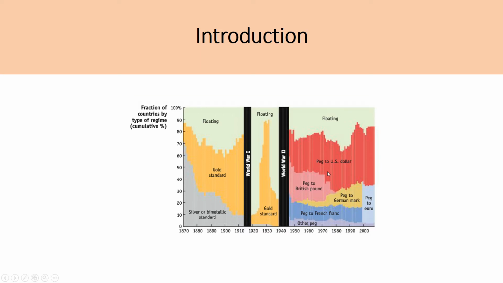But as you can see, eventually post-World War II, with the strength and emergence of the U.S. economy, a lot of people pegged to the U.S. dollar, especially emerging markets, and then developed economies adopted the floating system, while others also pegged to the euro, and that's really over here, and that's the Eurozone that eventually came to be.